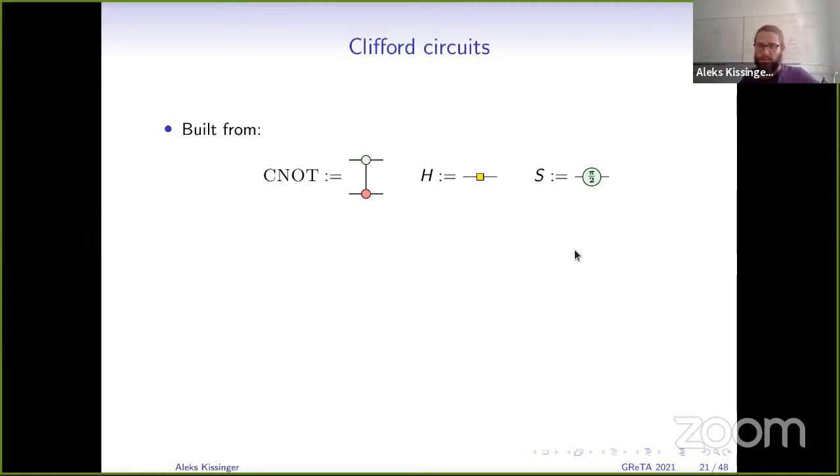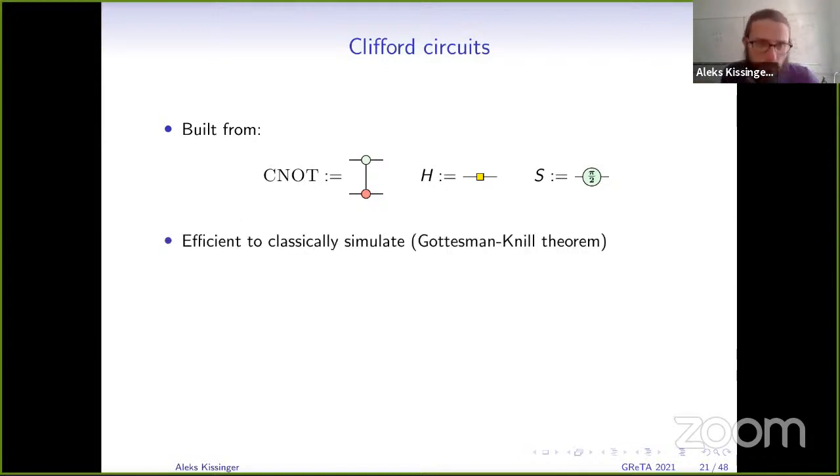The S gate is a rotation by an angle of pi/2. That corresponds to some particular operation which is genuinely quantum, so it doesn't have a classical analog the way something like a controlled NOT gate would. But even though these things are genuinely quantum, they're still efficient to classically simulate.